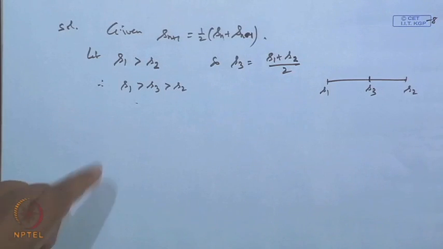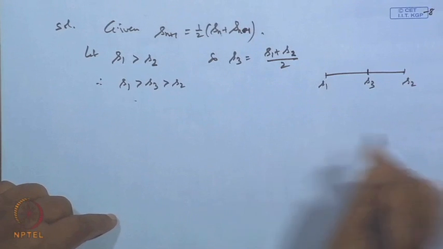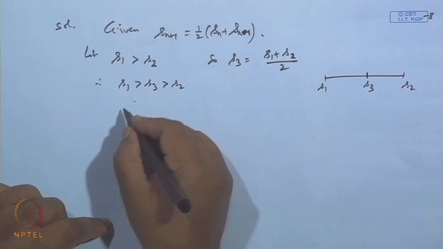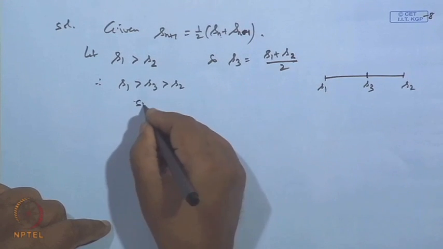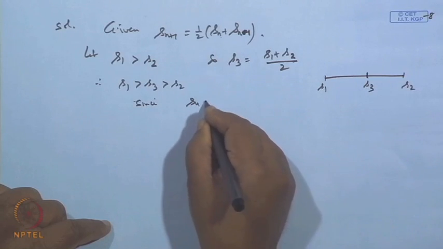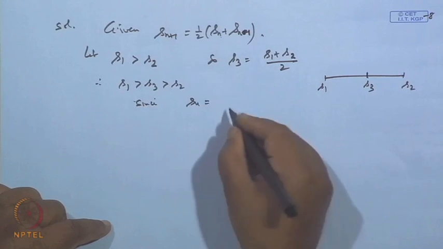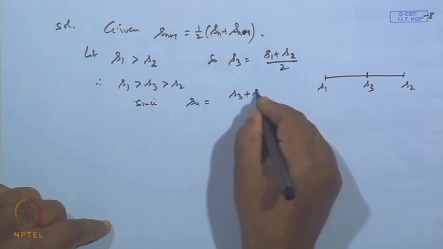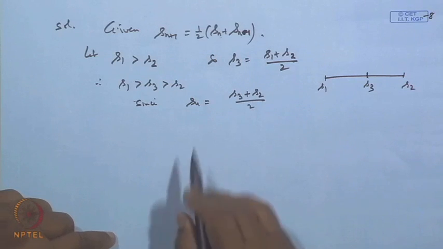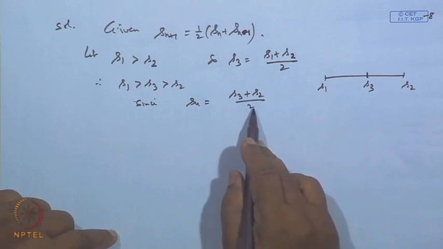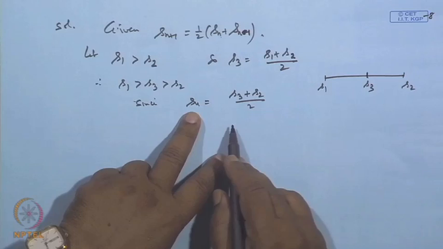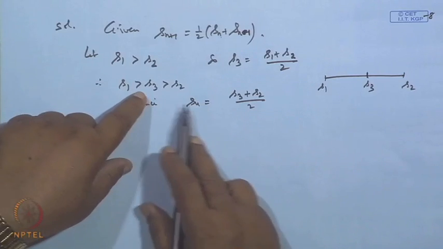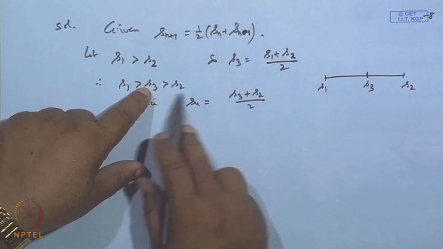Okay? Similarly, now S4 is, when n is 3, S3 plus S2 by 2. So, S4 lies between S3 and S2.